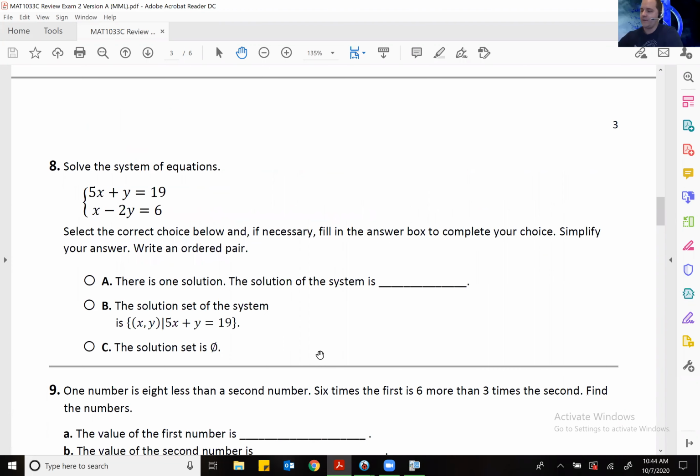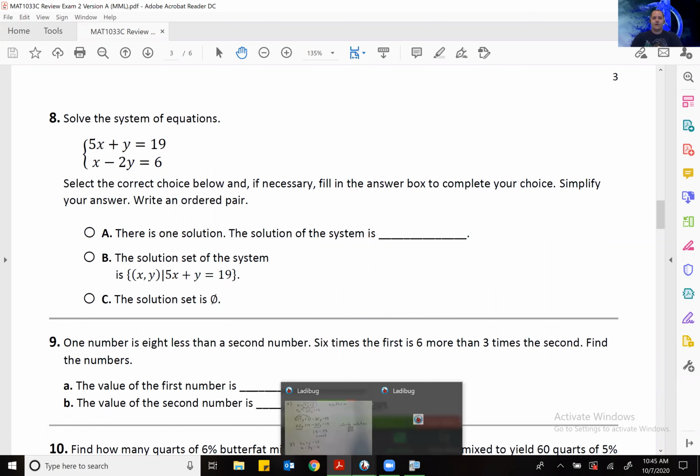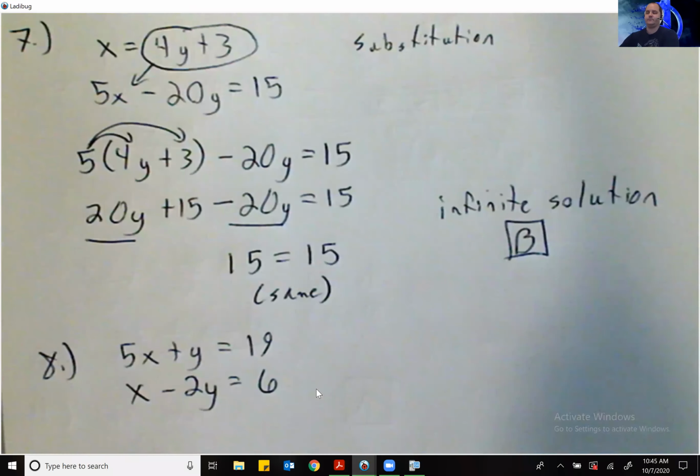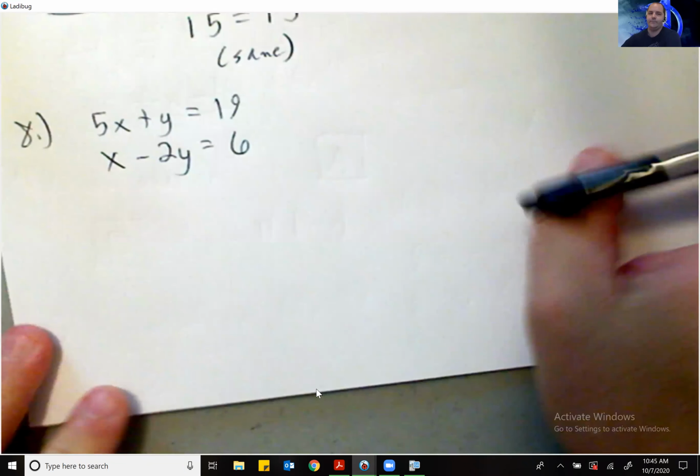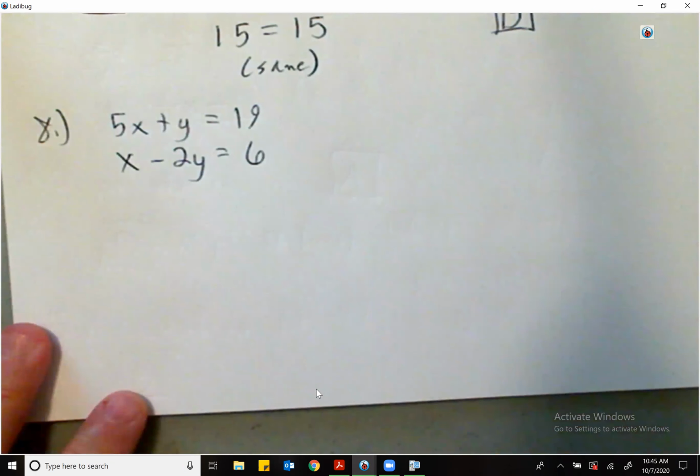All right. Moving on. Another solve the system. So this time we've got 5x plus y equals 19, and then x minus 2y equals 6. How do you think we'll solve this system? The elimination method.